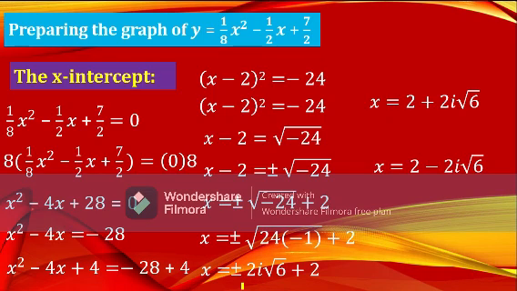So x = ±2i√6. So remember, 24 can be factored as 4 times 6, wherein 4 is a perfect square, and the square root of 4 is 2. That is why 2 is outside, and you retain 6 inside the radical symbol. Okay, so our x₁ will be 2 + 2i√6. Our x₂ will be 2 − 2i√6. Okay, so let's continue.